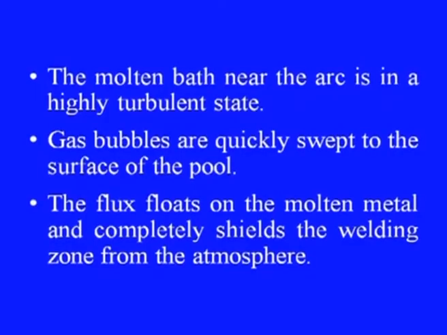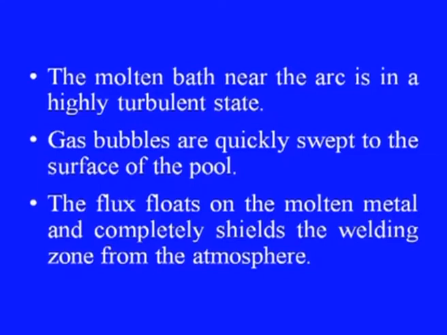Heat evolved by the electric arc progressively melts some of the flux, the end of the wire and the adjacent edges of the base metal, which creates a pool of molten metal beneath a layer of liquid slag. The molten pool near the arc is in a highly turbulent state. Gas bubbles are quickly swept to the surface of the pool.